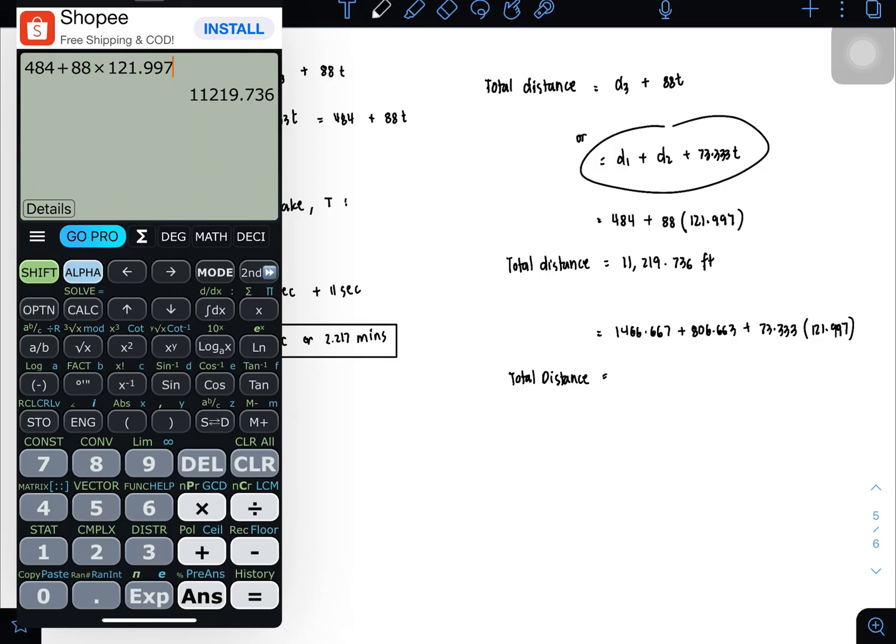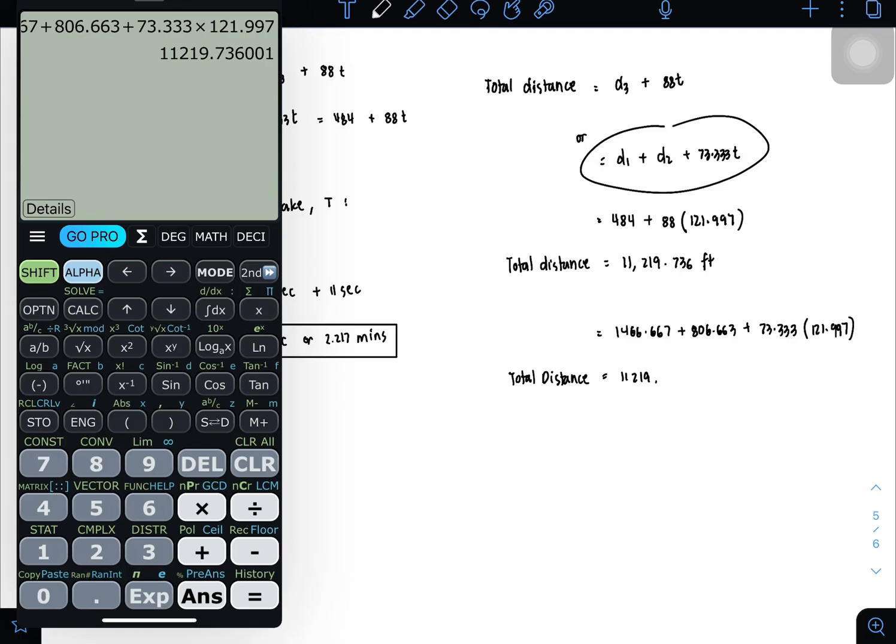So the total distance is 1466.667 plus 806.663 plus 73.333 times 121.997. So that's 11219.736 feet.